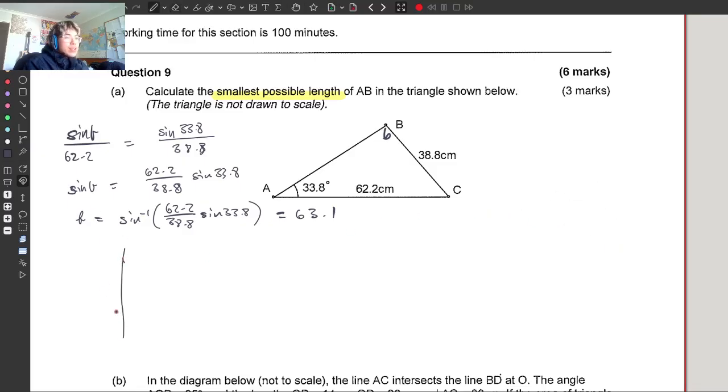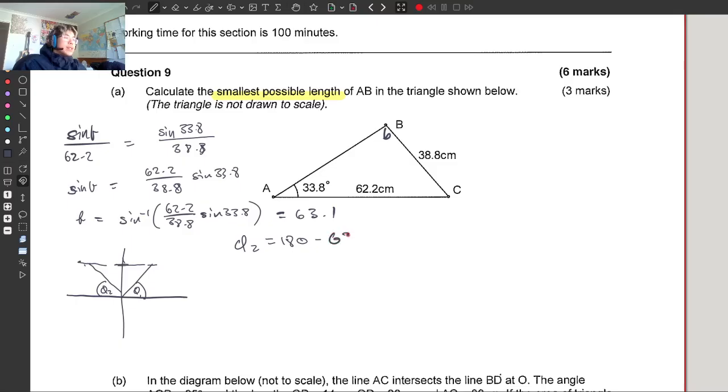Since we know that the sine is positive for this angle, we can say that one solution will give us this angle, but we'll also have another solution, theta 2, where theta 2 is going to be 180 minus theta 1, which we found as being this value here.